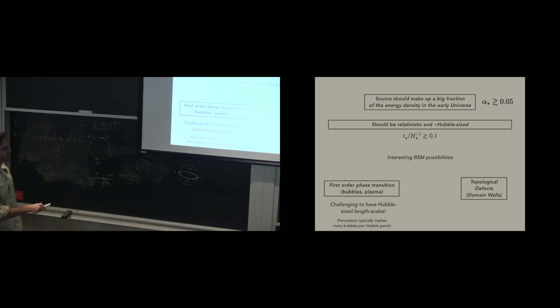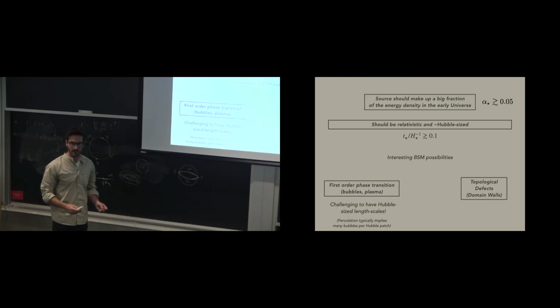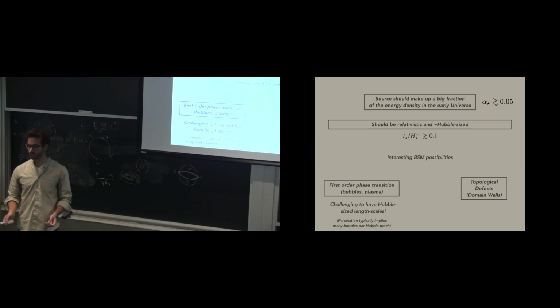However, this source has a problem from the point of view of observability: it's typically challenging to have Hubble-sized bubbles if you want to percolate at all, because in the limit in which this is really Hubble-sized, typically you do not percolate. You do not complete the phase transition.